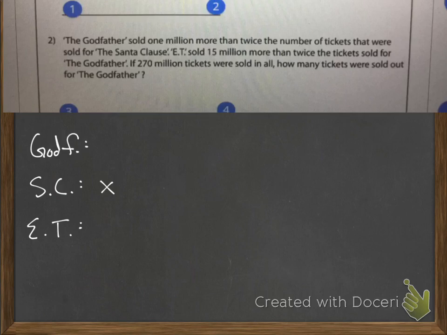So 1 million more than twice Santa Claus would give me 2x plus 1. Again, that's 1 million more than twice Santa Claus. So 2x plus 1. There's my Godfather. Now E.T. sold 15 million more than twice the Godfather. So I'm going to double the Godfather, which is 2 times 2x plus 1, and E.T. sold 15 million more than that.